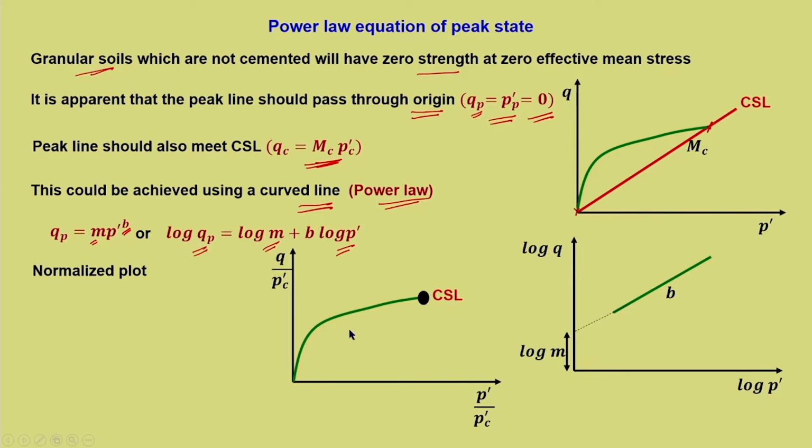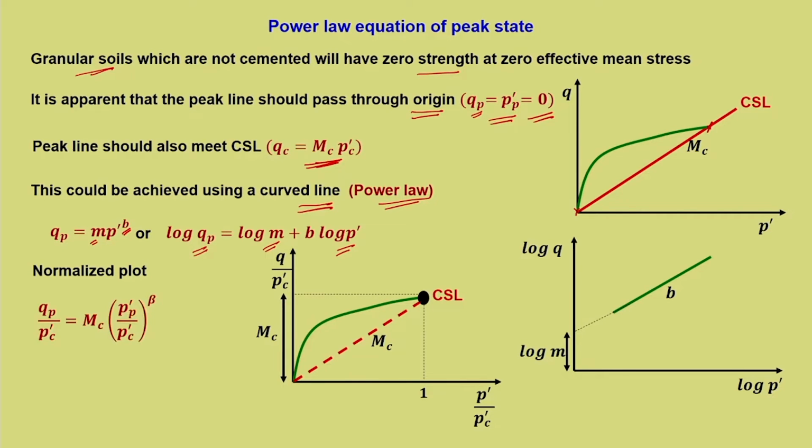We can write the power curve in this particular manner, and this particular intercept will be equal to Mc, because the slope is Mc that we have seen. Since this is 1, this distance becomes Mc.